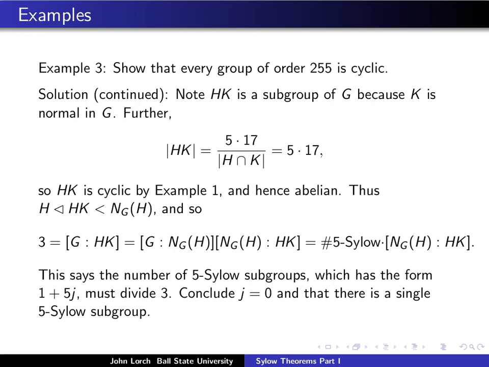And now if we can just show that there's a single 5-Sylow subgroup, then we're going to be done. Now remember that H is a 5-Sylow subgroup, and K is a 17-Sylow subgroup.